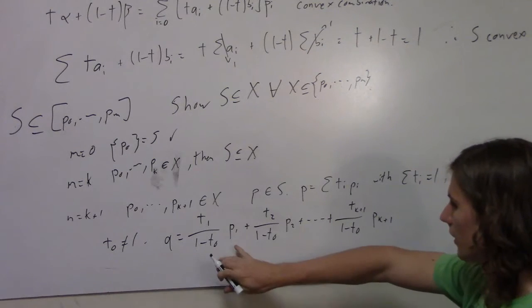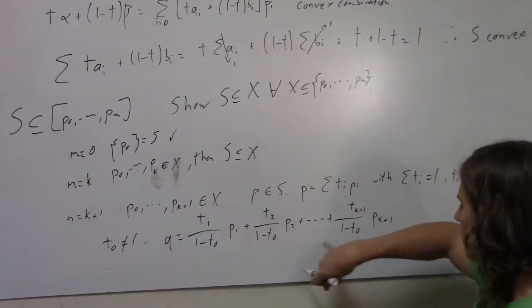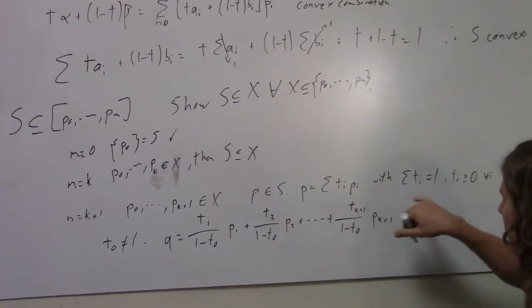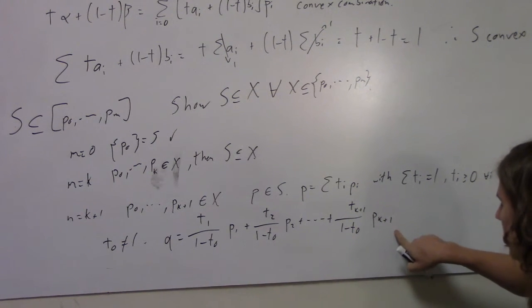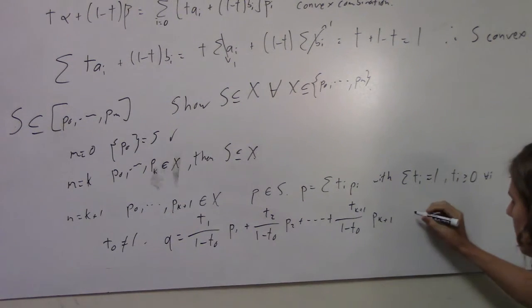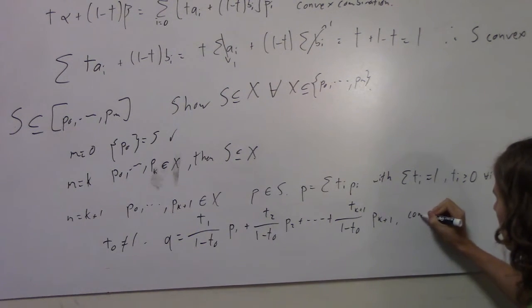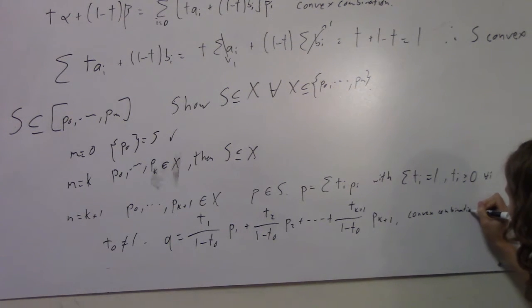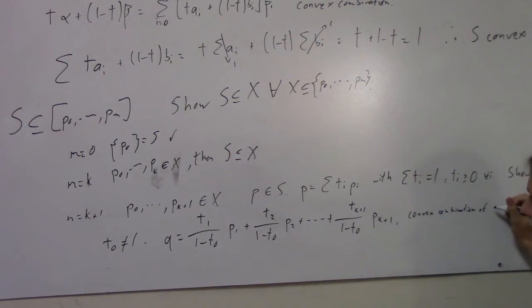I changed this a little bit from his proof. If you look, P1, P2, and so on ends up being K plus 1 points, all of which are in X, and this is a convex combination. Yes, the number of points is K plus 1.